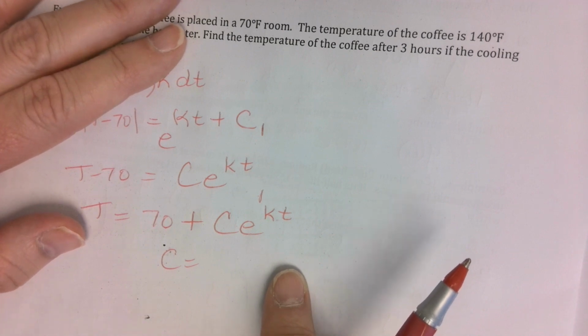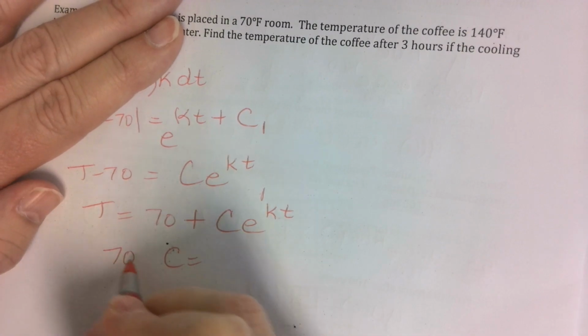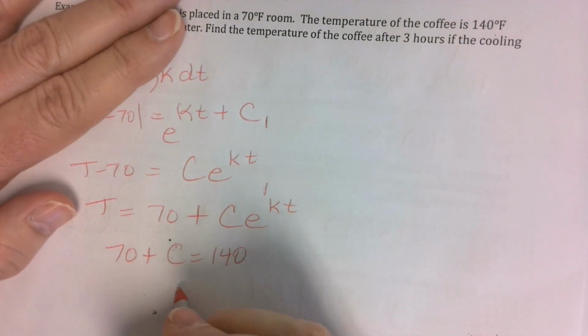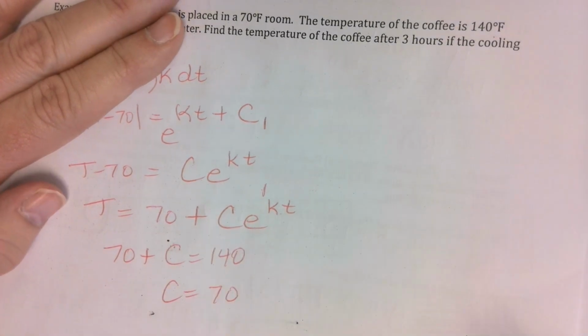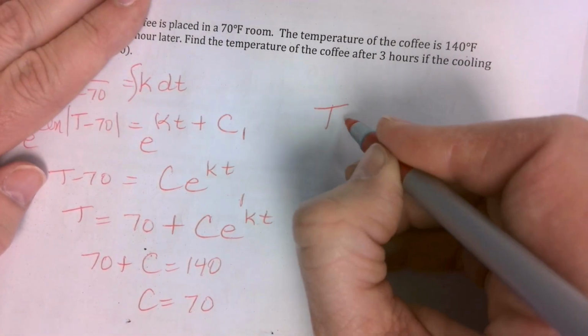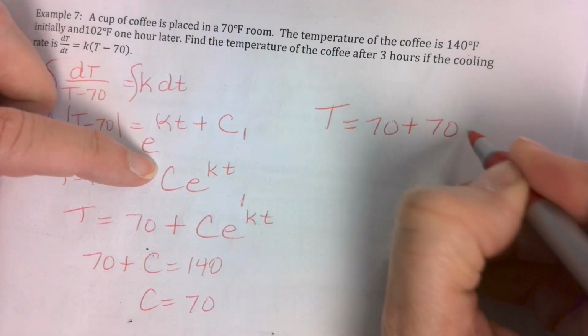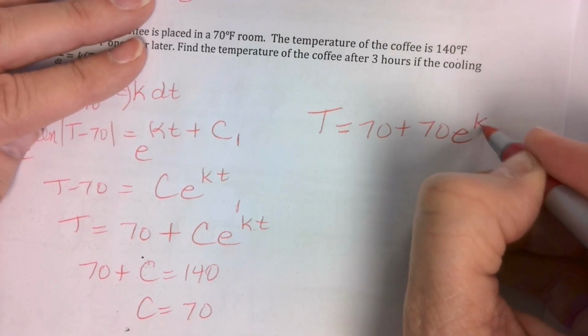What's our C going to be? 70. So our formula would be 70 plus 70 e to the kt.